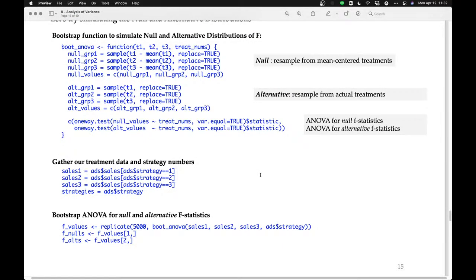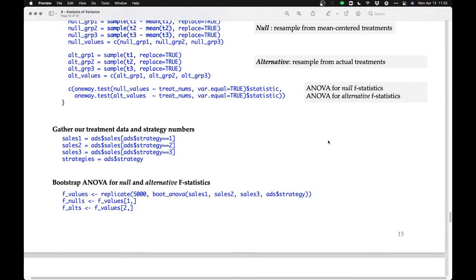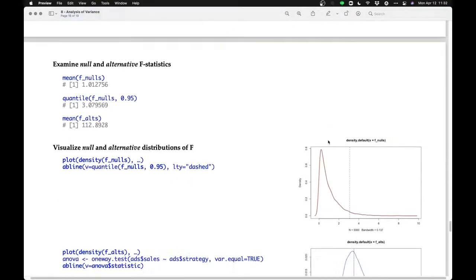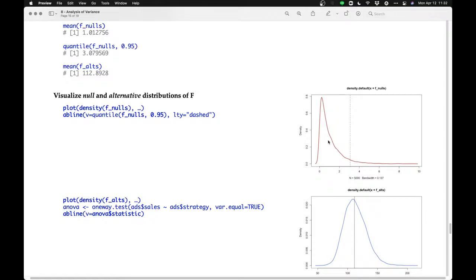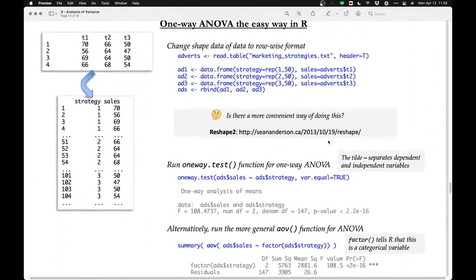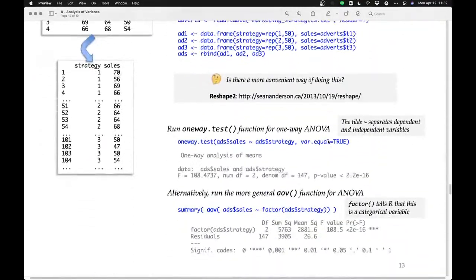But again, the results are the same. We can definitely reject the null hypothesis here, right? And then the 2 distributions are shown here. So I hope this is an adequate recap of how ANOVA works and what it does.